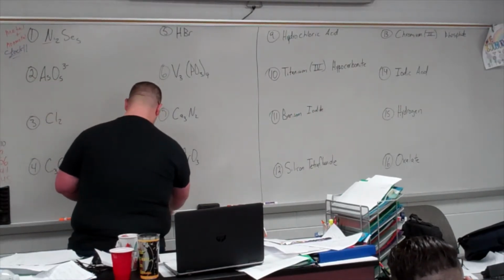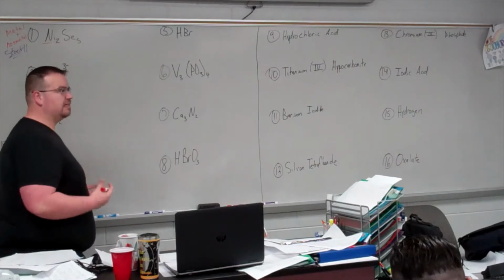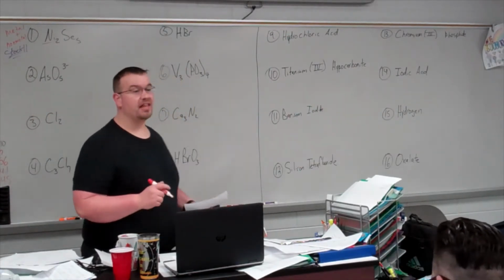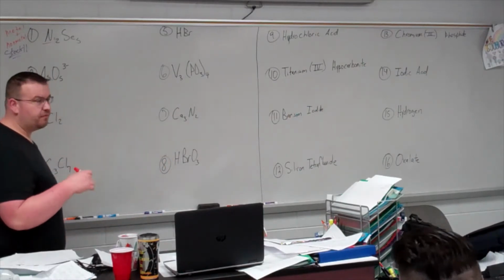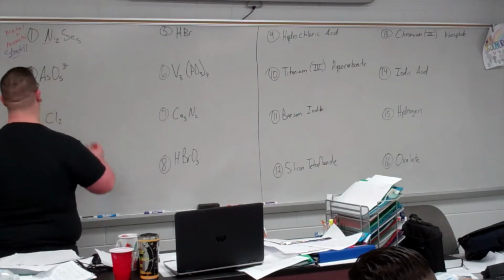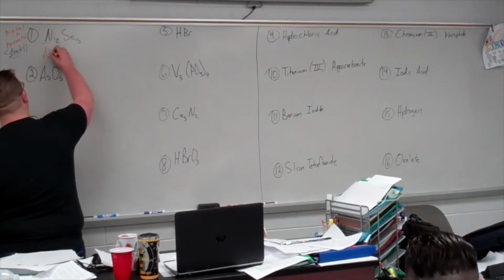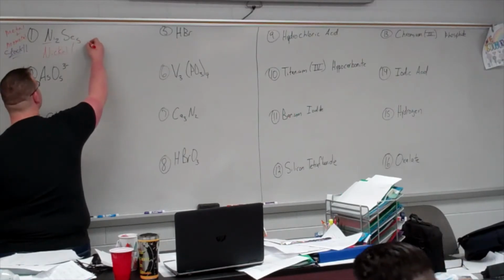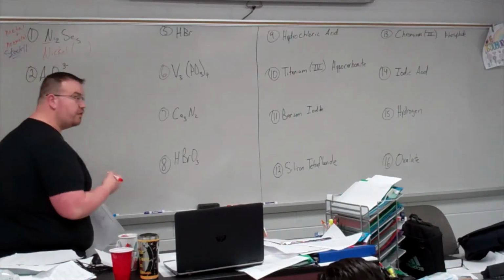Whenever I need the Stock system, this is what I like to do. I like to go ahead and write the names down, and then put the parentheses in there for me to fill the charge in. So the first one, nickel. I'm going to put parentheses so I can fill my charge in.